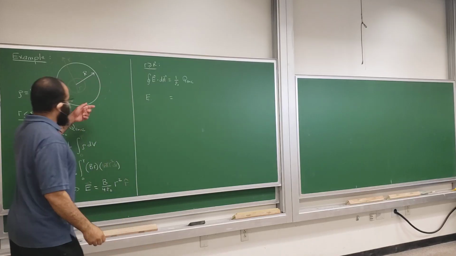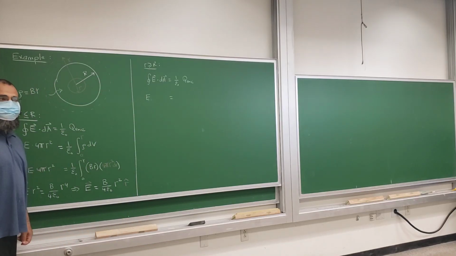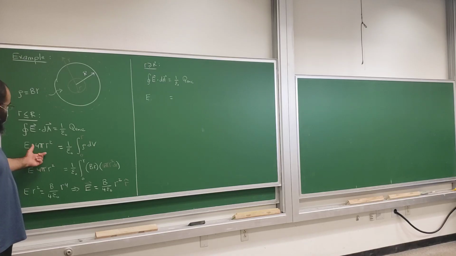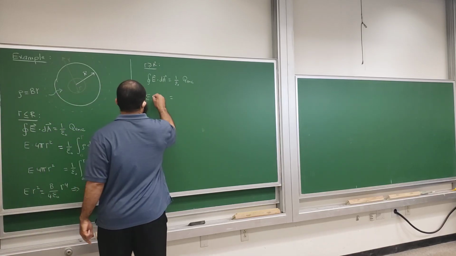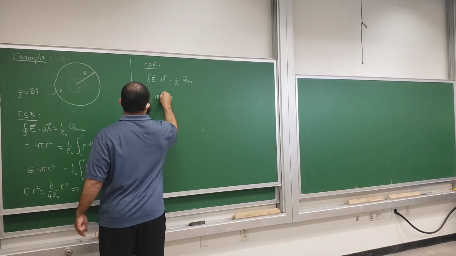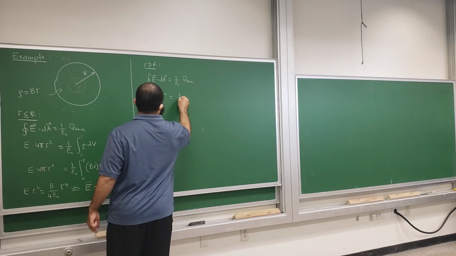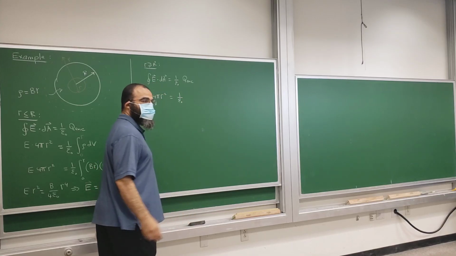What does the left side become? 4 pi r squared, which is the surface area of the Gaussian sphere. E times 4 pi r squared. On the right side, you get 1 over epsilon naught, Q enclosed.